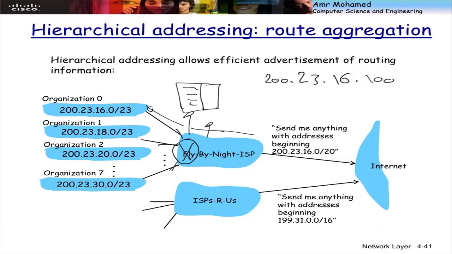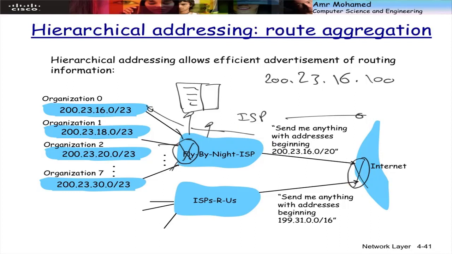However, from this ISP to the internet, for example Ooredoo, they have their own router here. They don't need to really distinguish between all these different subnets, because as far as Ooredoo is concerned, all of them are actually connected with this service provider.